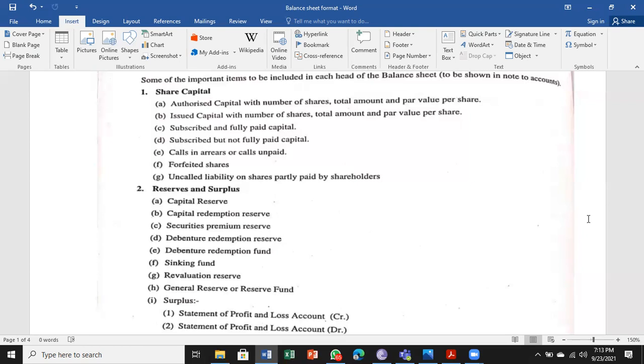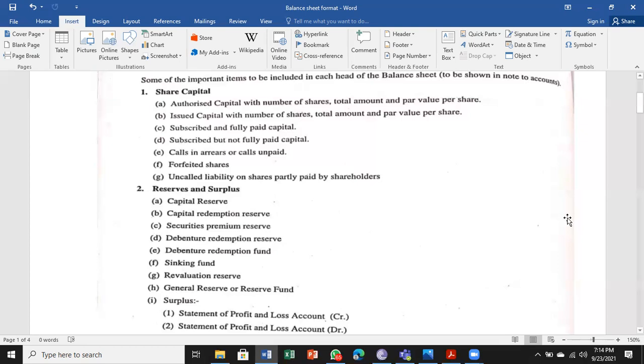They might have paid part of it. Suppose somebody has to pay 10 rupees per share. He has paid only 5 rupees. Even after repeated requests, the person has not paid. So the share allotted to that person will get cancelled. 5 rupees is retained by the company. That is forfeiture of shares. Then, how much is remaining uncalled is the uncalled capital or unissued capital.